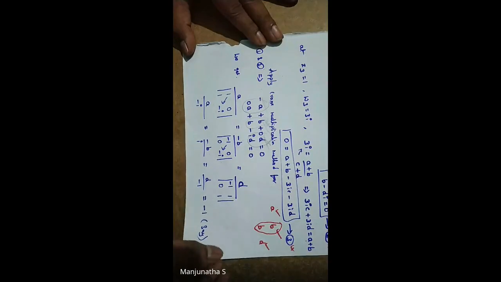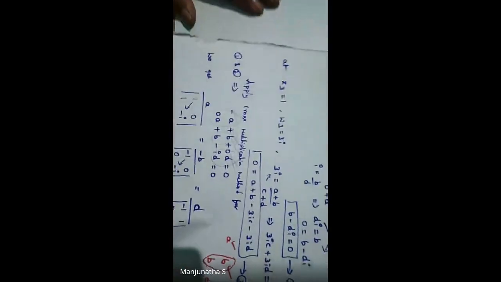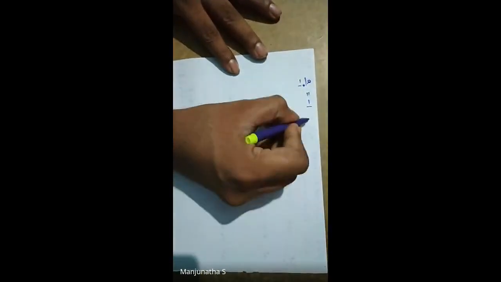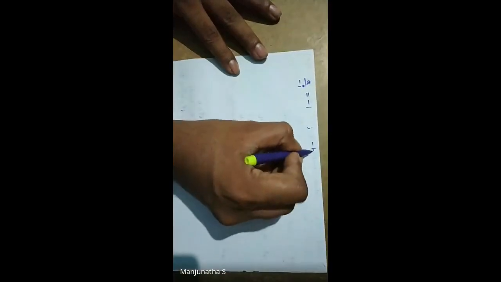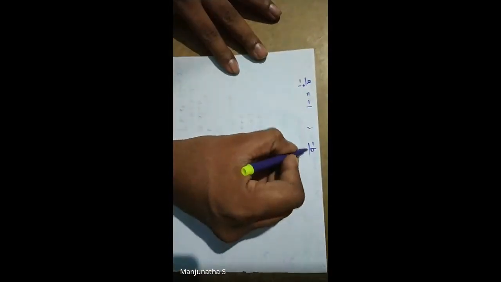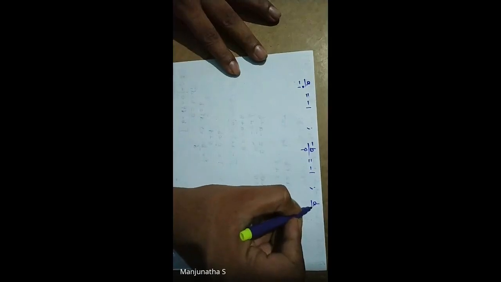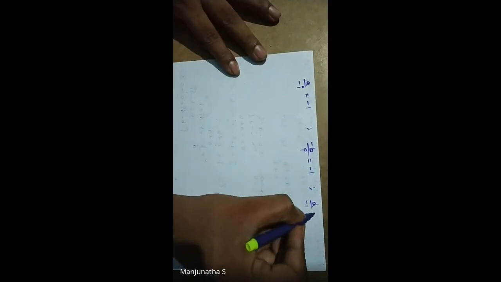So when you equate, what we will get: a divided by minus i is equal to minus 1. Similarly, minus b divided by i is equal to minus 1. Similarly, d divided by minus 1 is equal to minus 1.